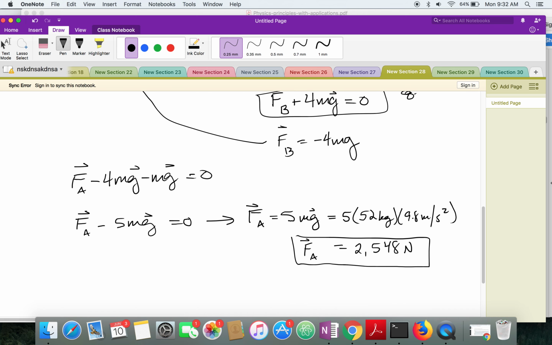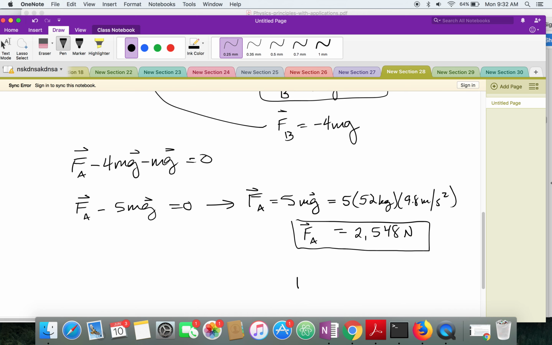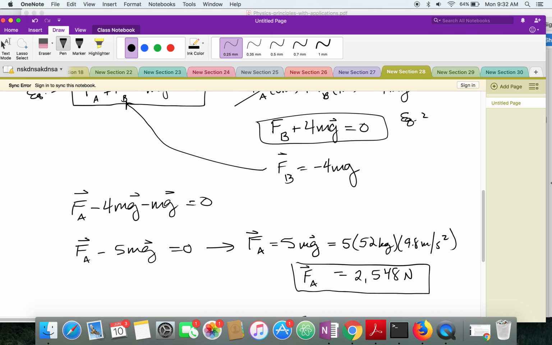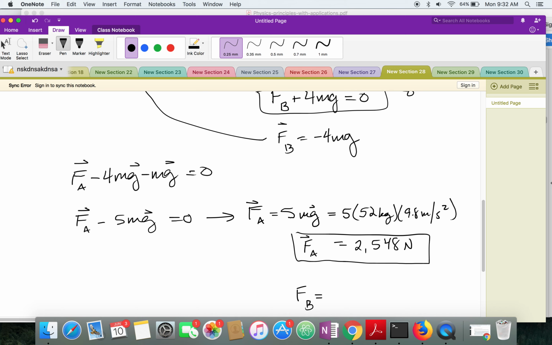Obviously, we can get FB because we know that it's negative 4 mg. These are really just magnitudes, so the sign doesn't matter so much, ultimately. That's just going to be 4 times her weight.